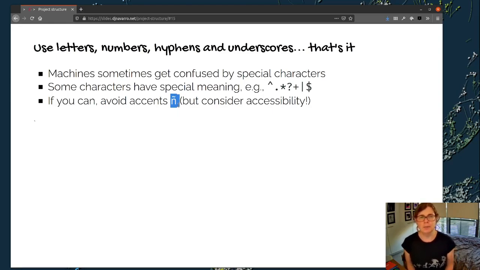So I'm not going to quite go so far as to say never use accents, but think about anything that's outside of the very narrow parochial English language character set has a chance of causing the machine to struggle with it. So if you can avoid them, avoid accents.